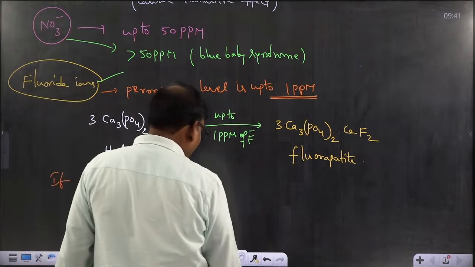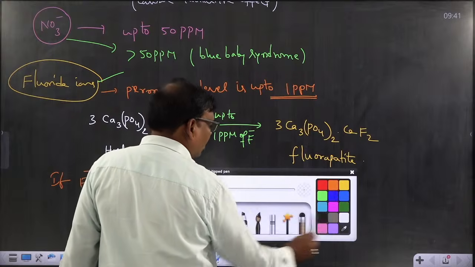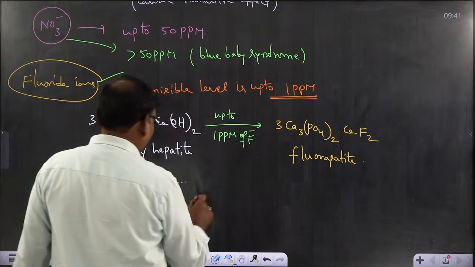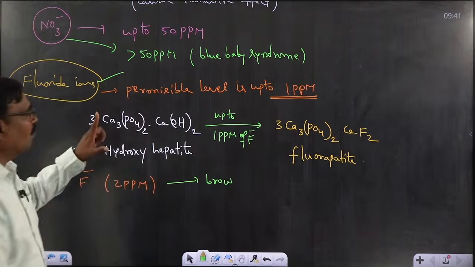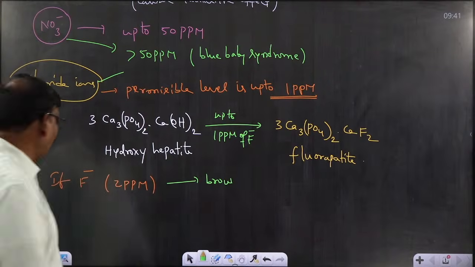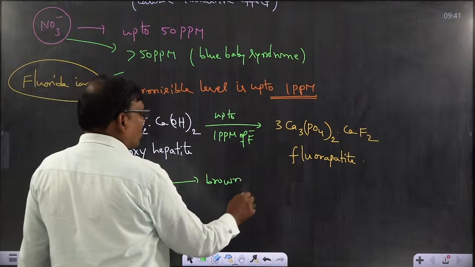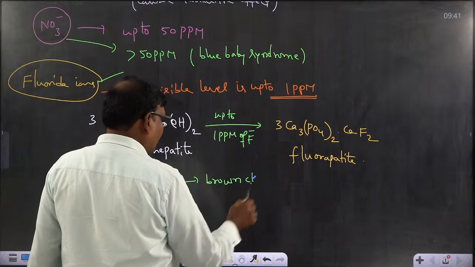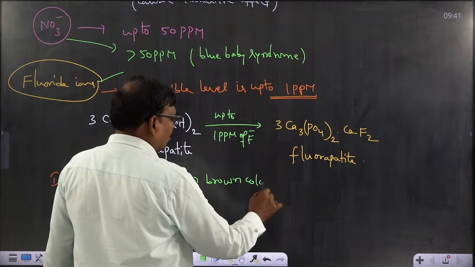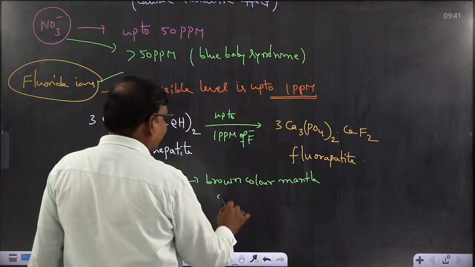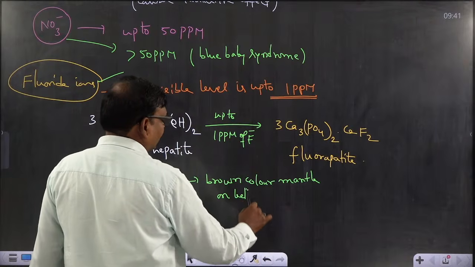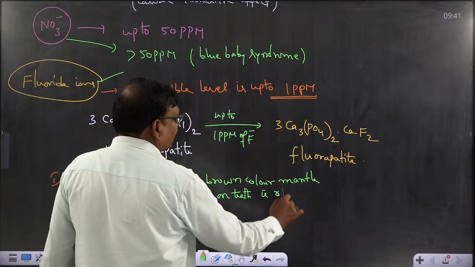It forms a brown color mantle on teeth. So when fluoride levels are more than 1 ppm, up to 2 ppm, a brown color mantle will be observed on teeth.